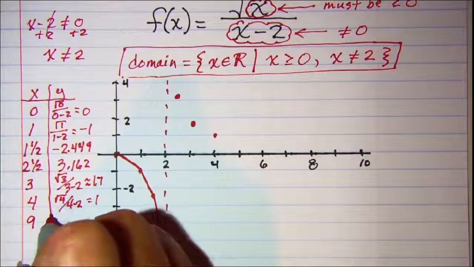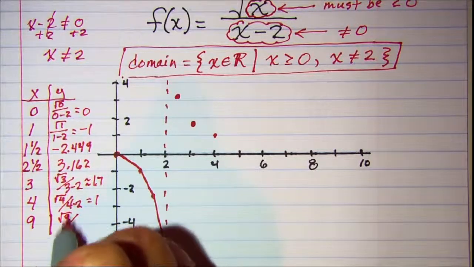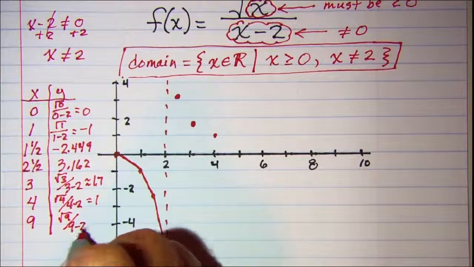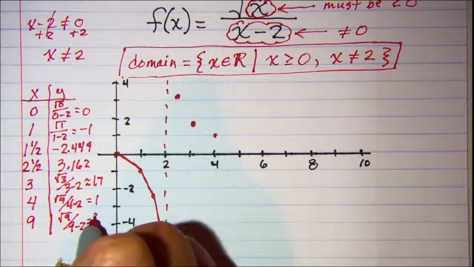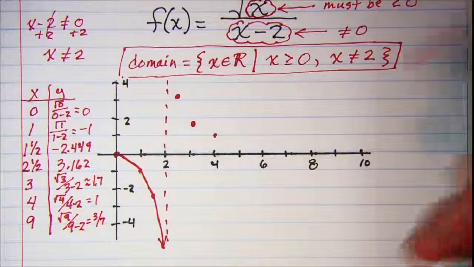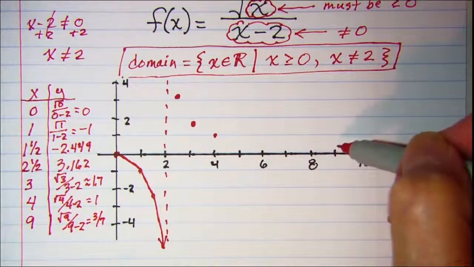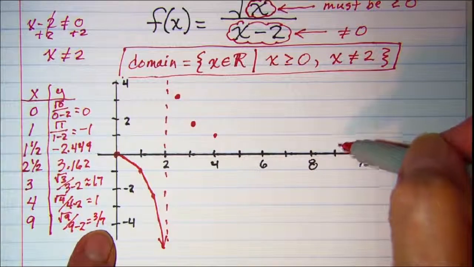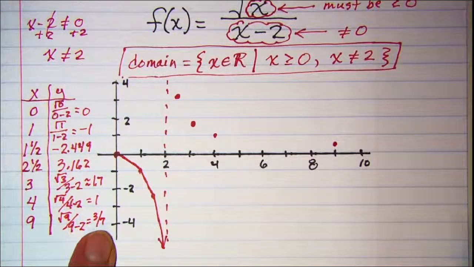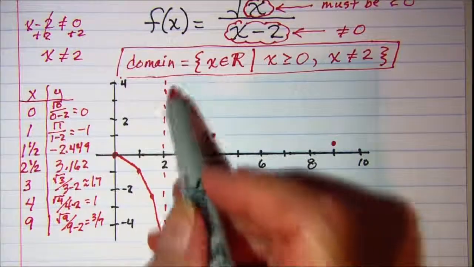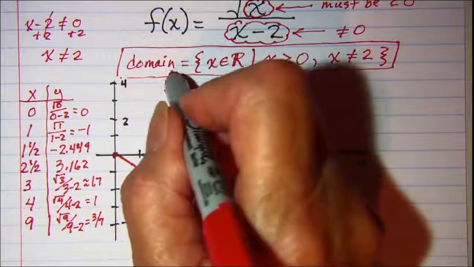Square root of 9 over 9 minus 2 is going to give me 3/7. So when x is 9, 3/7 is a little bit less than half. So it looks like we have an asymptote here at the x-axis, and this is going to come up.